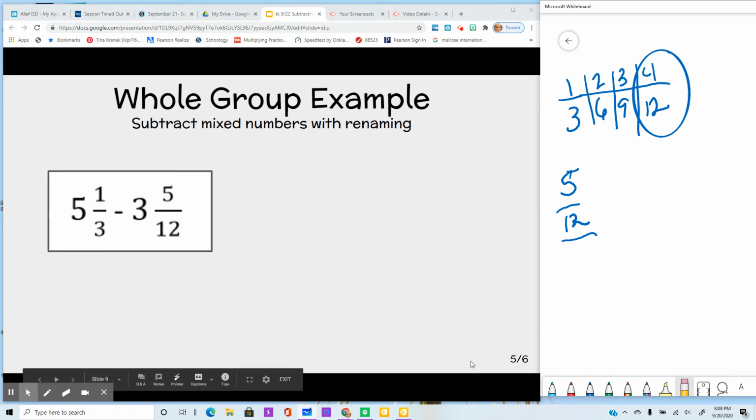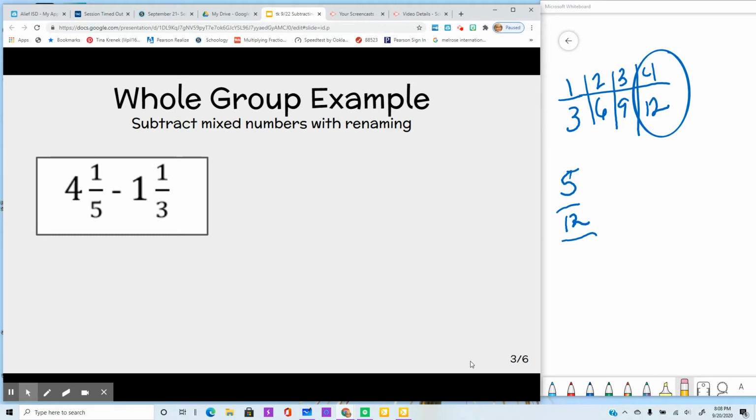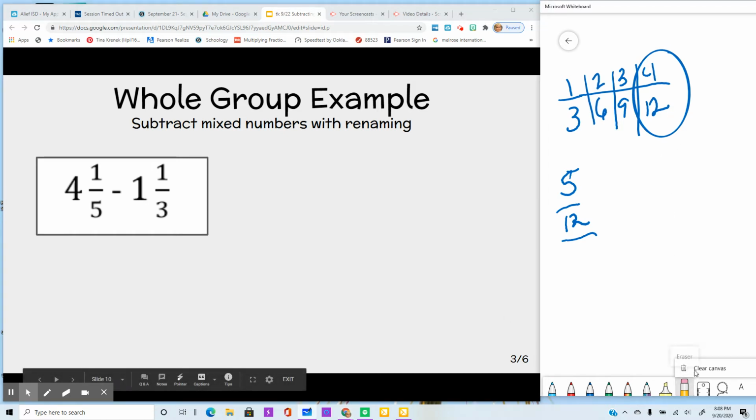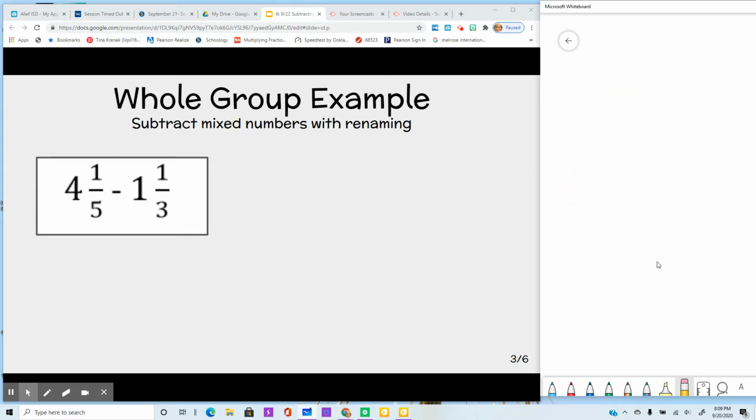Let's take a look at our next problem. 4 1/5 minus 1 1/3. So we have 1/5 and 1/3.